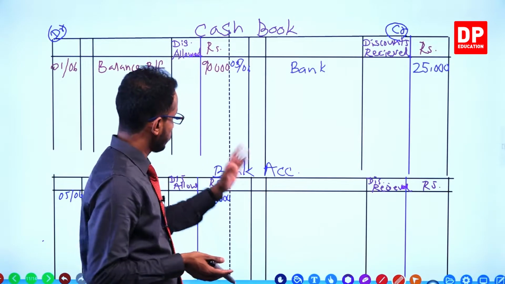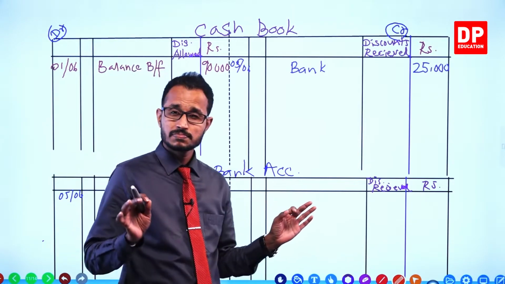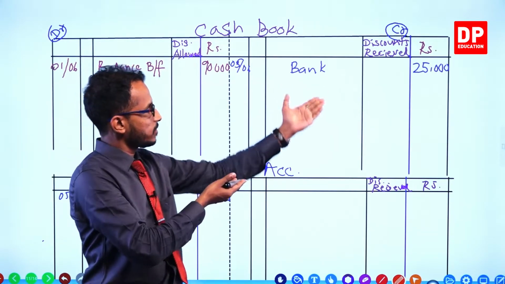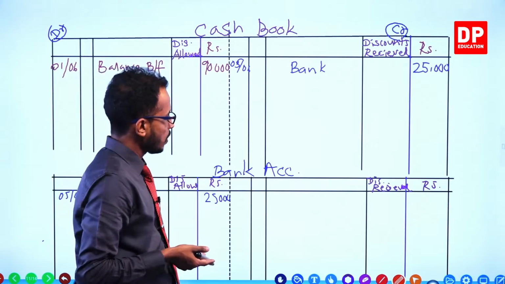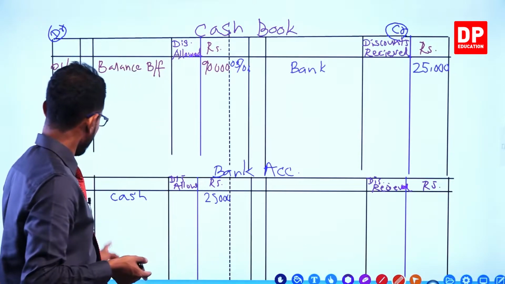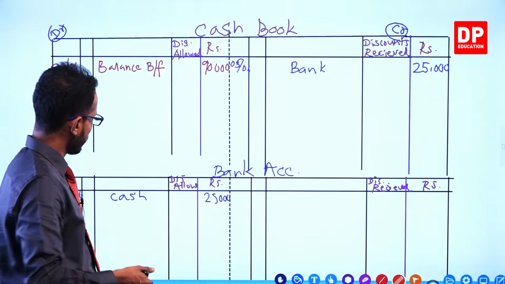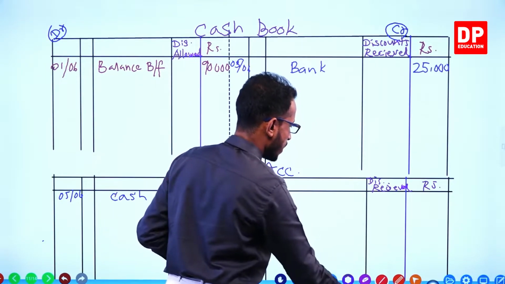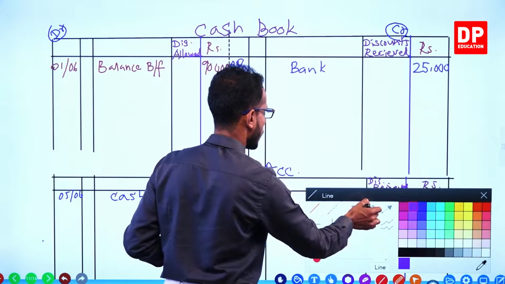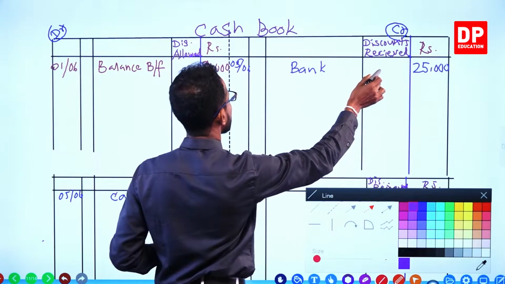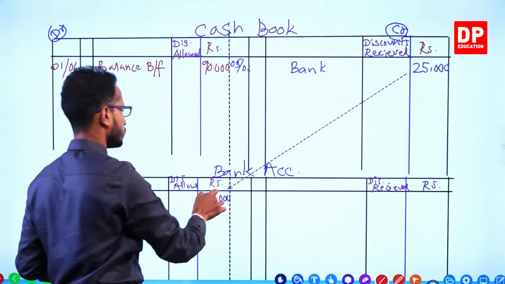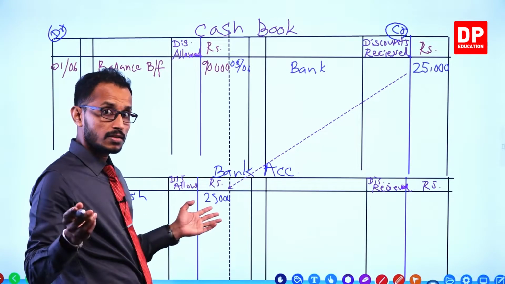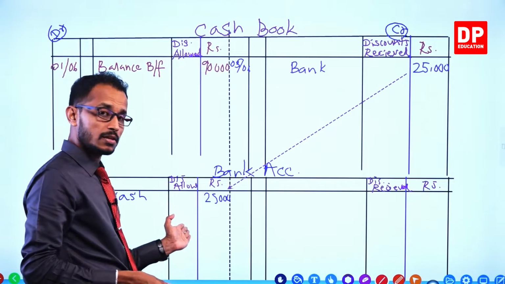I told you that the bank book, the bank account format is very similar to the cash book format. All right, we recorded the first transaction, children. Double entry done. Here is the double entry. Credit, debit.